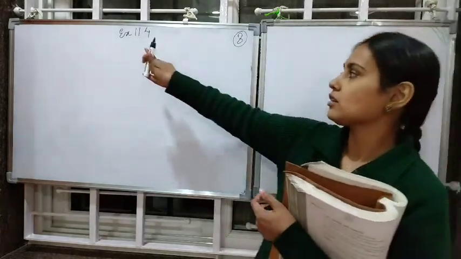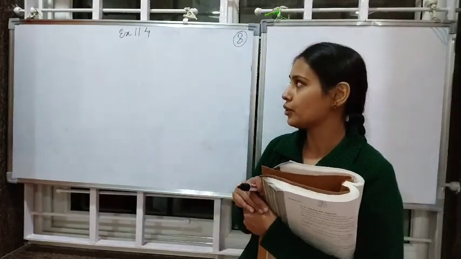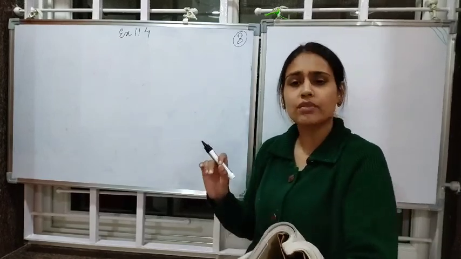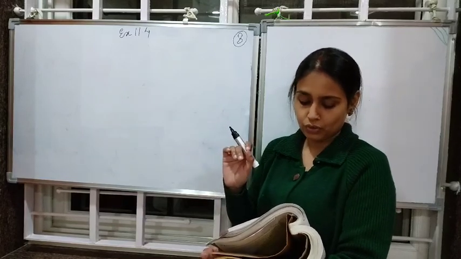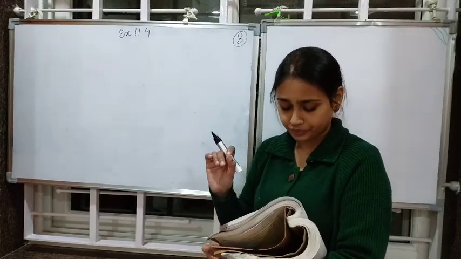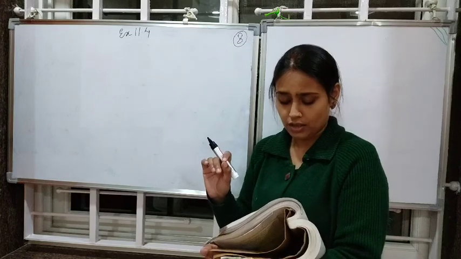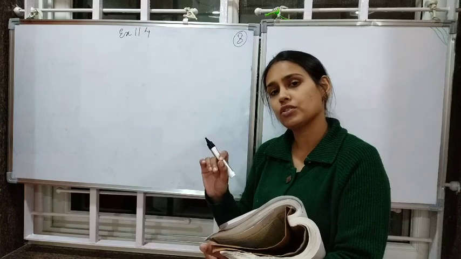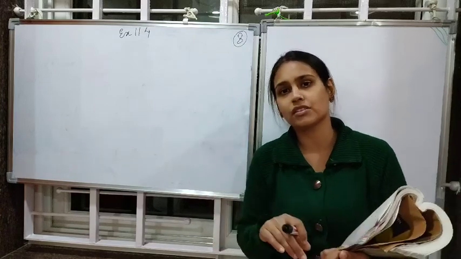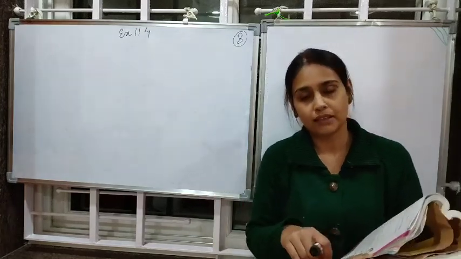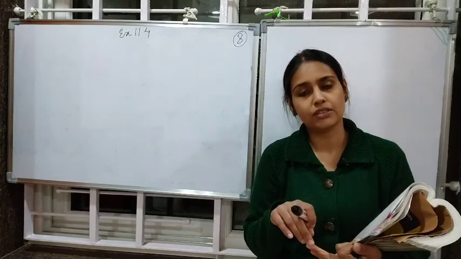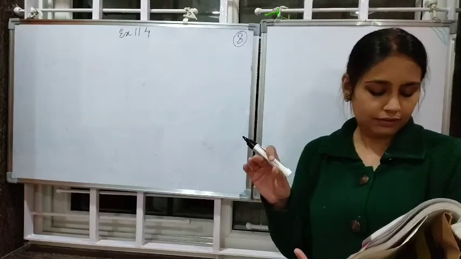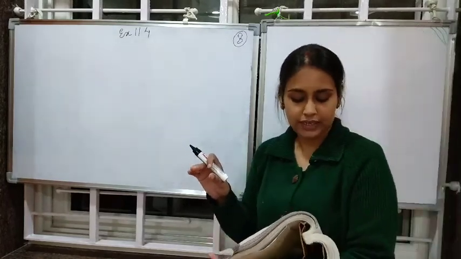So now we are starting with exercise 11.4, where we will start with question number 1. Children, question number 1 is very simple. We have to tell in which situation we are going to find the surface area, and in which situation we are going to find the volume of a given solid shape, that is cylinder.